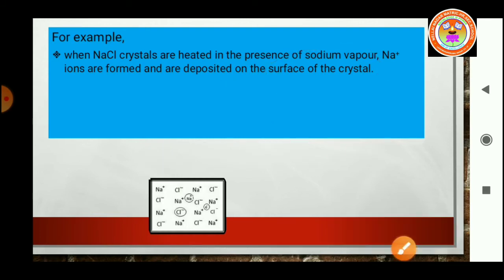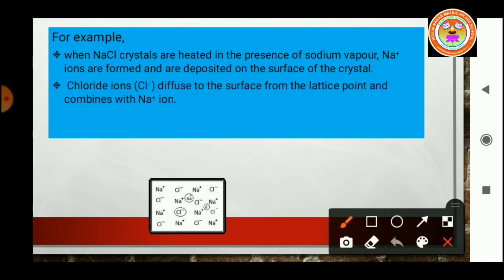So Na gives rise to Na plus and an electron. This Na plus is deposited on the surface of the crystal, isn't it? The chloride ion is present on the lattice point, isn't it? So this chloride ion diffuses to the surface from the lattice point and combines with the Na plus ion.